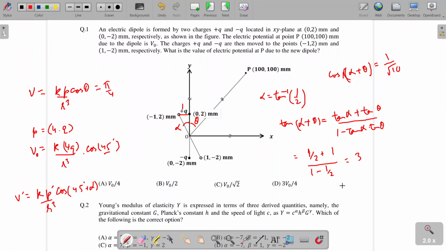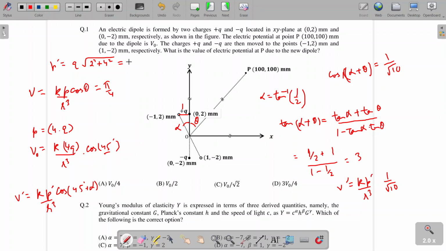So if we substitute that value in V dash, we get k p dash cos, 1 by square root 10, divided by r cube. Now p dash is equal to the same charge q into the new distance. So the new distance being square root of 2 squared plus 4 squared.